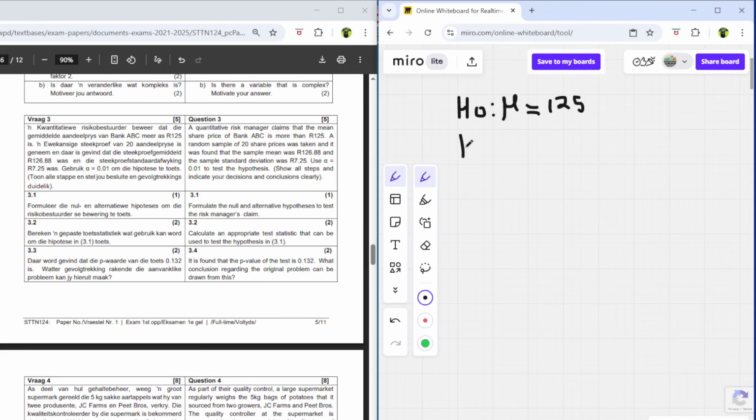The alternative: the quantitative risk manager at that bank says the mean share price is more than. The keyword more than tells us that our alternative hypothesis is going to be more than 125. That's how you answer that question. Question 3.1, 1 mark in the back.